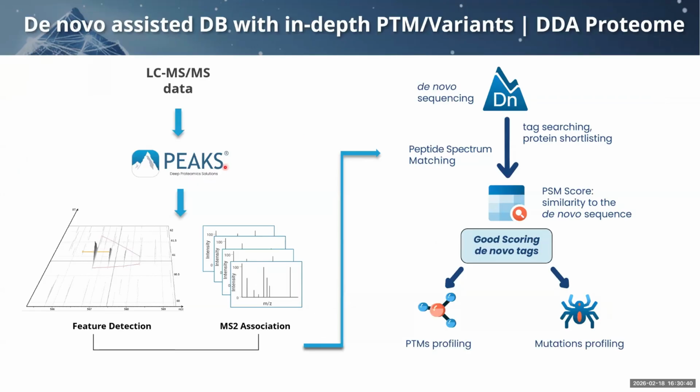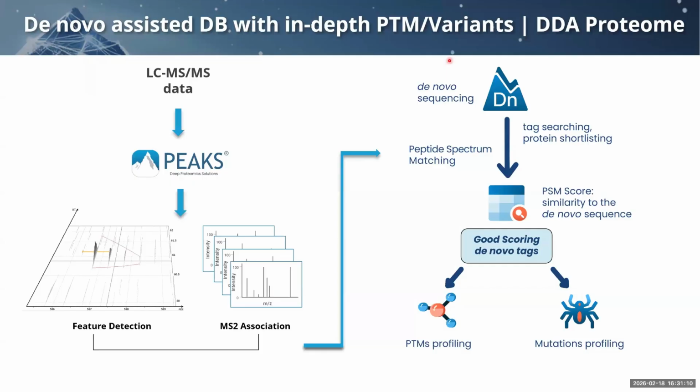Typically when it comes to proteomics, the aim of most studies is to identify a peptide and then typically a protein. So for DDA proteome, and really any workflow, Peaks starts with feature detection and then MS2 association. However, for a DDA workflow, we actually begin with de novo sequencing.